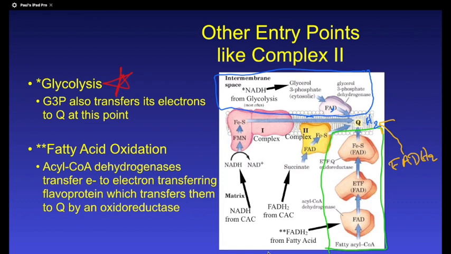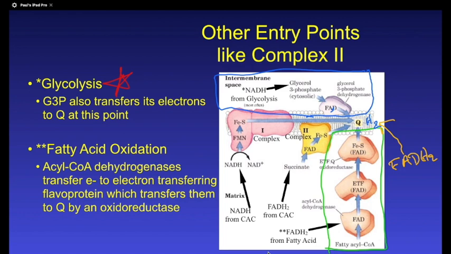Okay? And so the NADH from the cytosol gets converted into FADH2 at this step. That's a possibility, one possibility, and I get QH2 into the electron transport chain.